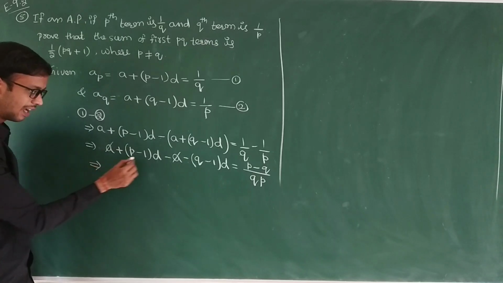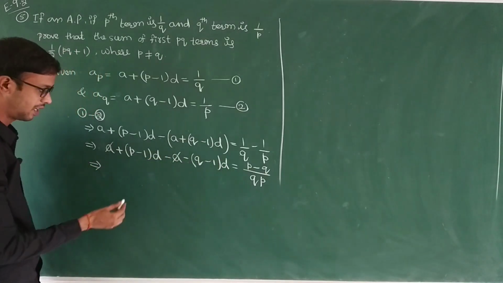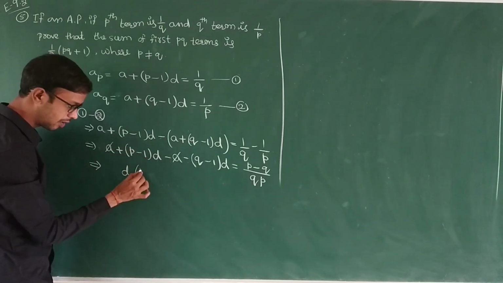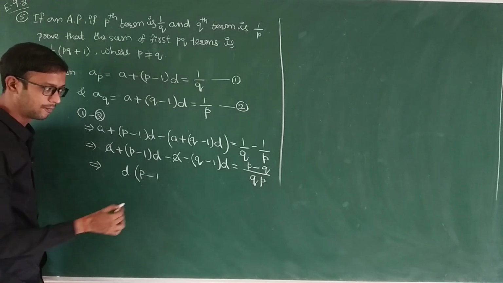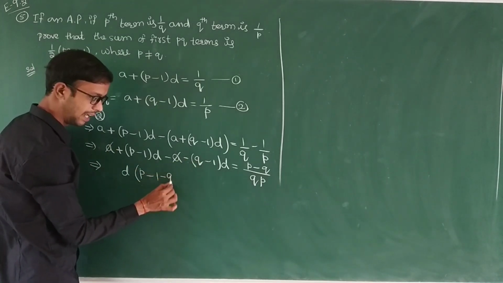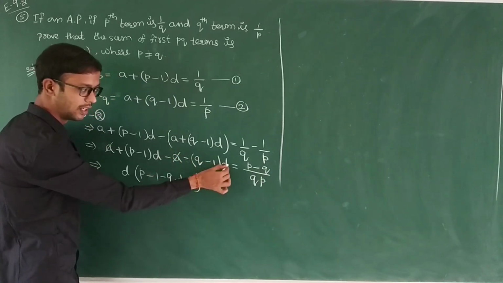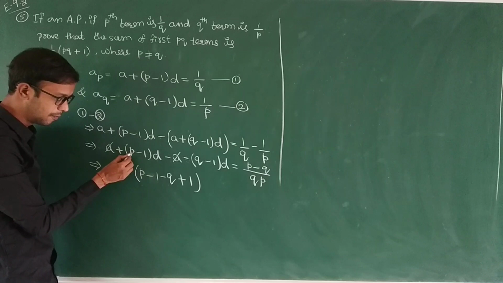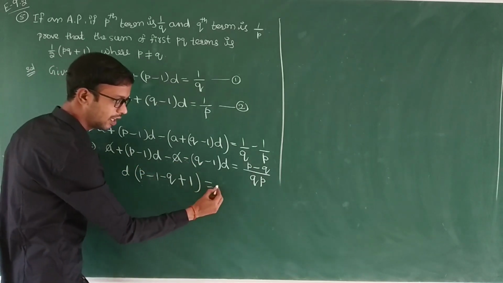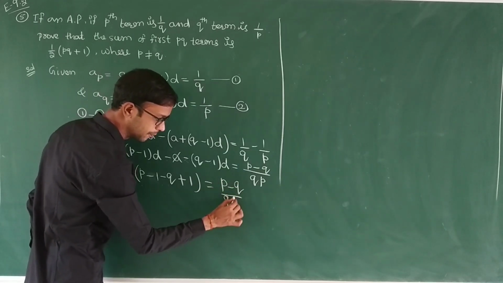Next, here you observe a minus a, both will cancel. Next, I take D common in these two. So what remains with D common is p minus 1. Here the negative is there, negative multiplied inside gives minus q, minus into minus plus 1. Taking D common, you will get p minus 1 minus q plus 1 is equal to (p minus q) by qp.